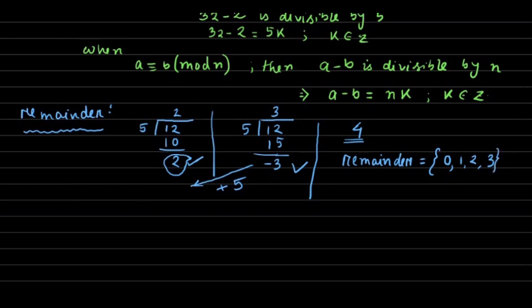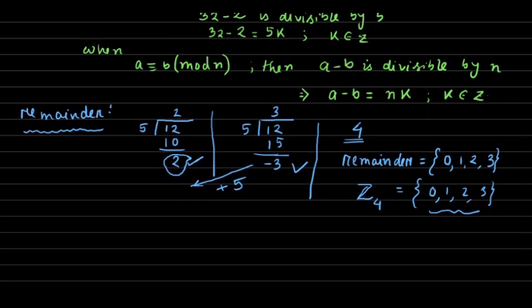Basically this can be written as Z4. The set will be 0, 1, 2 and 3. That means the set of remainders will always be less than the divider. These are all non-negative remainders which are acceptable.